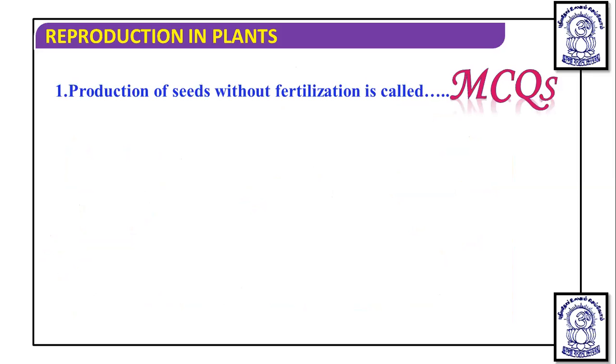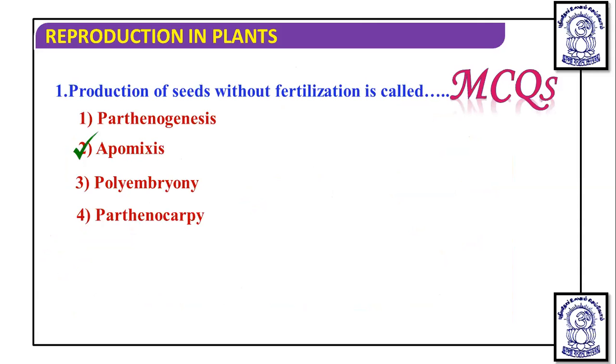Production of seeds without fertilization is called apomixis. Apart from this, parthenogenesis is formation of an embryo from the egg cell. If the egg is diploid, then it is diploid parthenogenesis, and a diploid embryo will be produced. If the egg is haploid, then a haploid embryo will be produced from the haploid egg.